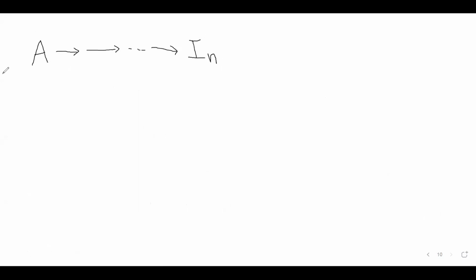That's statement C, right? Sorry, we assume that the reduced row echelon form of A is I sub n. Well, how do we get the reduced row echelon form of a matrix? By performing elementary row operations on it.